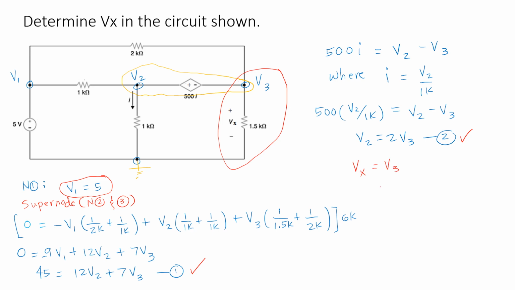And solving for V3 using equations 1 and 2, our V3 will be equivalent to 1.4516, and therefore, this is also equal to Vx. So by nodal analysis, we were able to solve for Vx, and that is 1.4516 volts.